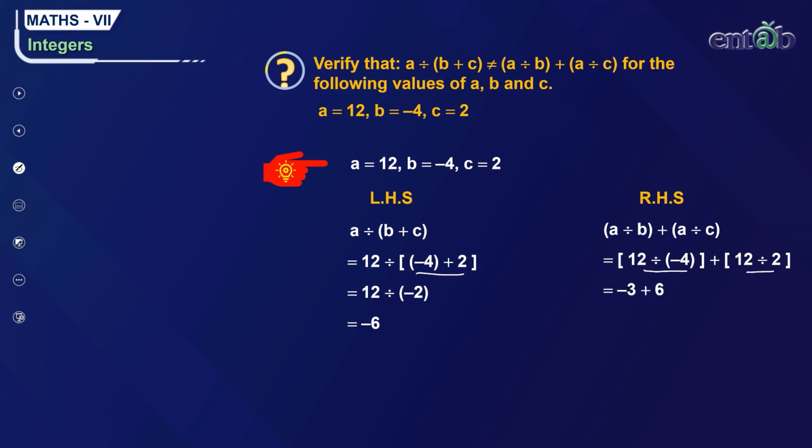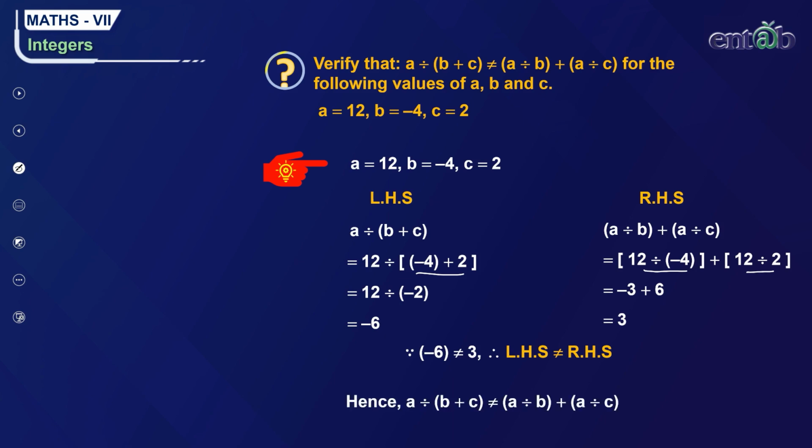So, this is equal to minus 3 plus 6, and minus 3 plus 6 is 3. So, here we see that minus 6 is not equal to 3. Thus, we say that LHS is not equal to RHS. Hence, a divided by (b plus c) is not equal to a divided by b plus a divided by c.